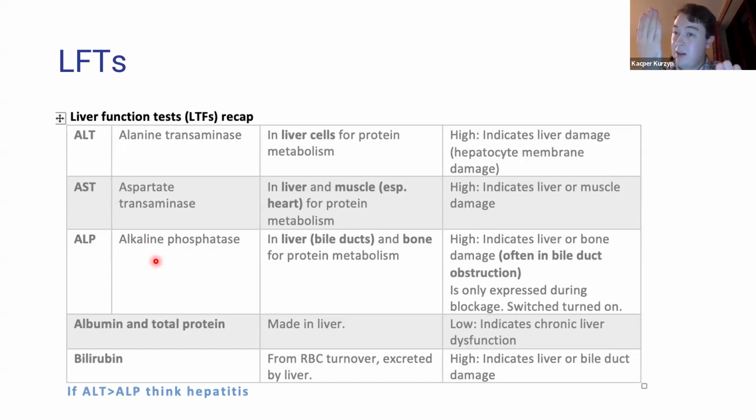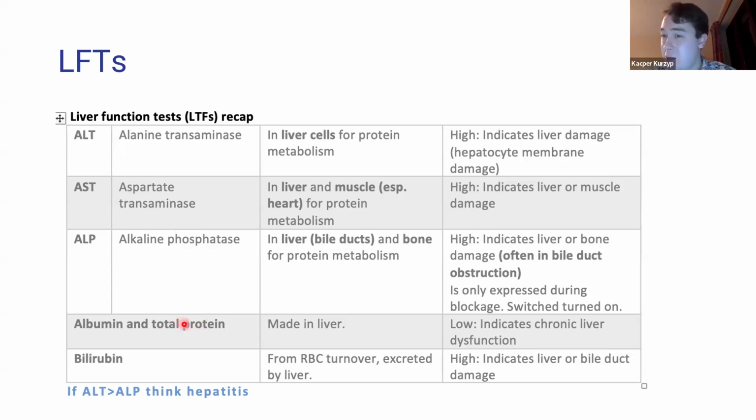If it's ALK-Phos, it's the biliary ducts that are suffering. If it's ALT and AST, it's the liver directly that's suffering. Such as in our gentleman with hepatitis A, his ALT and AST are sky high, whereas his ALK-Phos would likely be elevated, but not in the thousands.